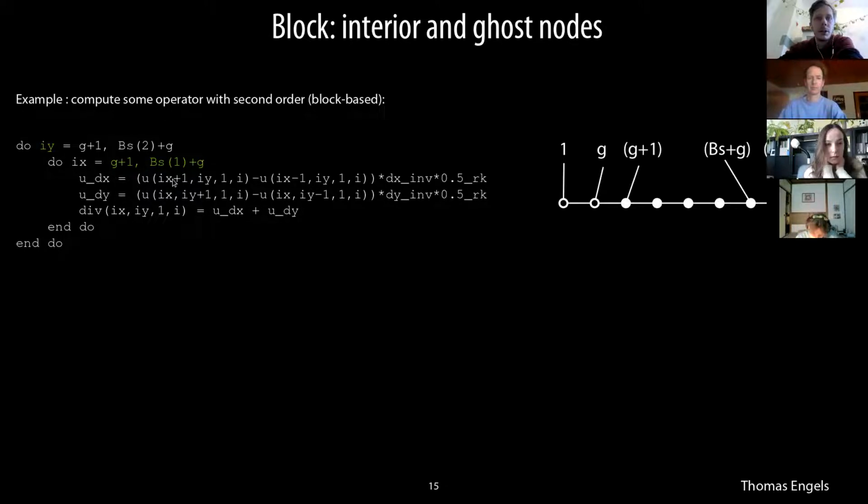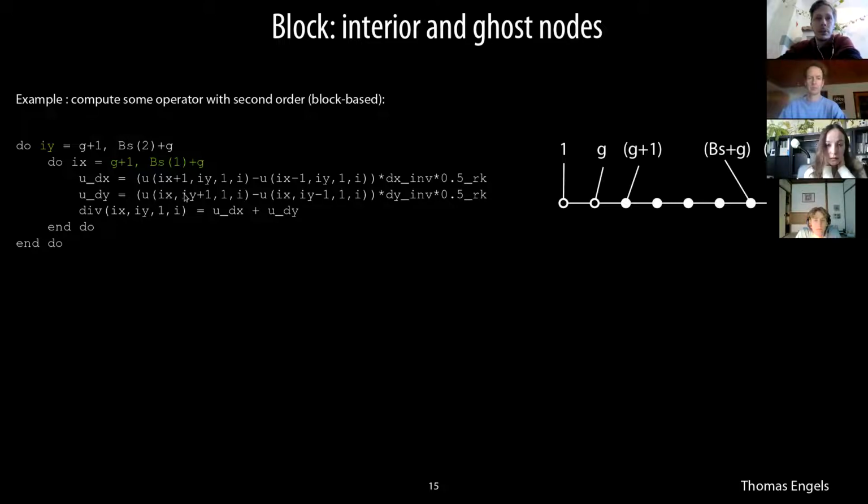So this means we take the next grid point in x direction, the previous grid point in x direction, and we multiply it by the inverse of the spacing and times 1/2. So this is simply the second order central finite difference as it's taught in universities, in textbooks. This is the same in y direction.